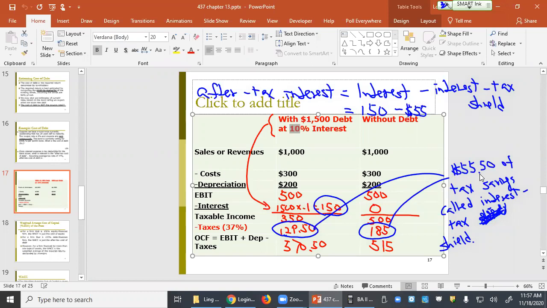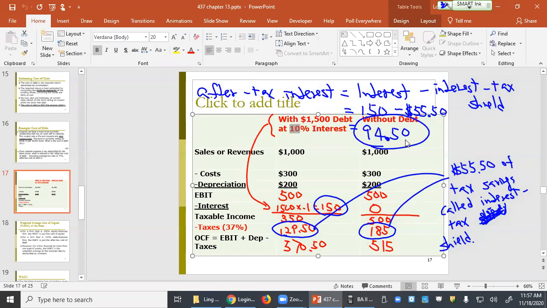So after-tax interest expense is actually only $94.50. At the surface, it may seem like you paid $150 of interest expense, but because you have tax savings, the after-tax cost is actually only $94.50.